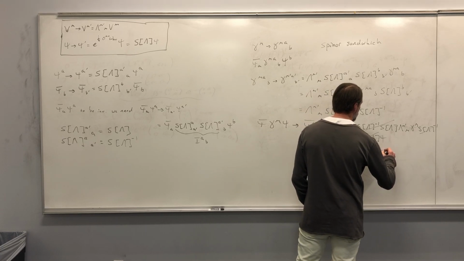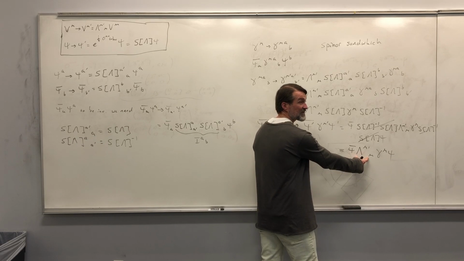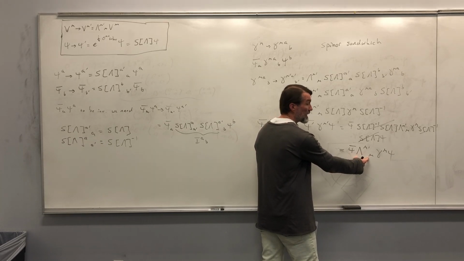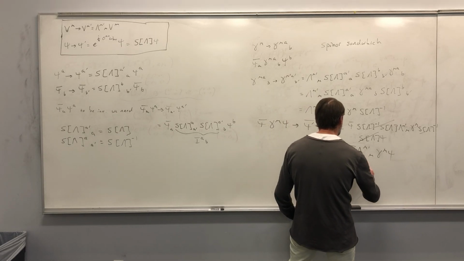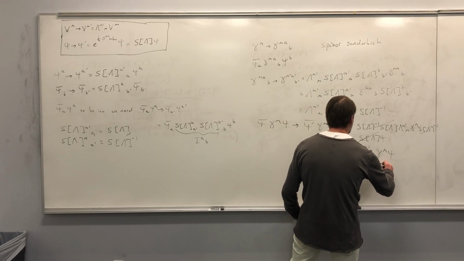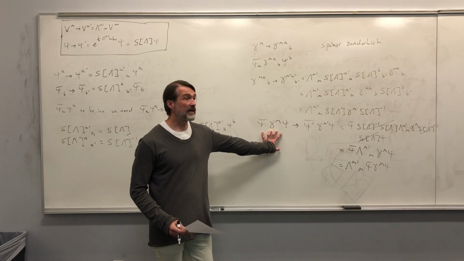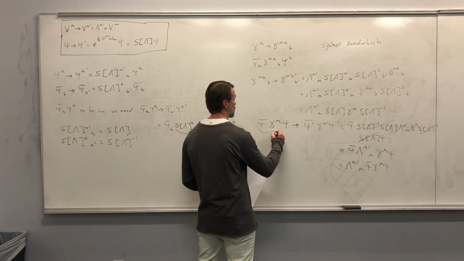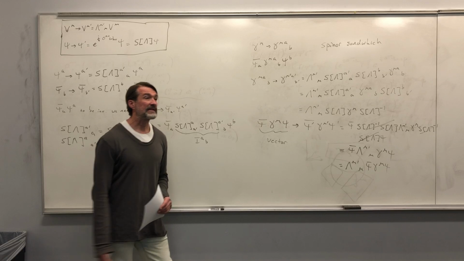In fact, this is what's beautiful about it. This transformation does not care about spin space at all. This is a purely space-time thing. So it can come out of the spinor sandwich. It doesn't have to live inside of it. So this is basically lambda mu prime mu psi bar gamma mu psi. So what I'm saying is this thing right here is just a vector in space-time.